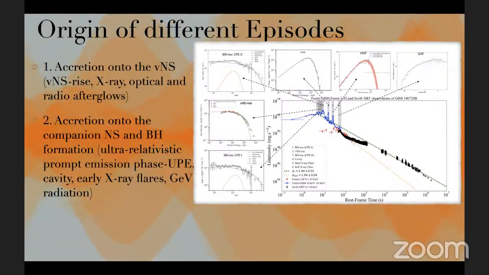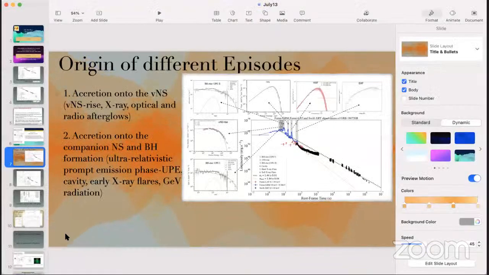And we have only the accretion of the supernova into the new neutron star, which expresses the X-ray emission of the afterglow. And this is the picture that tomorrow will be shown by Wang Yu.